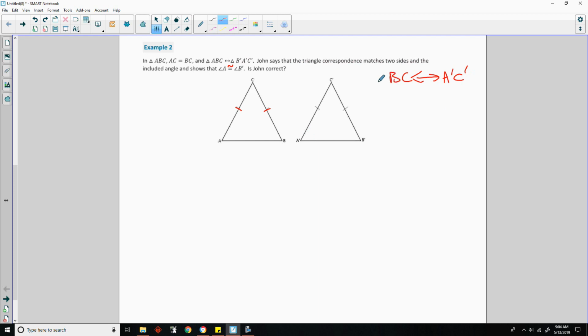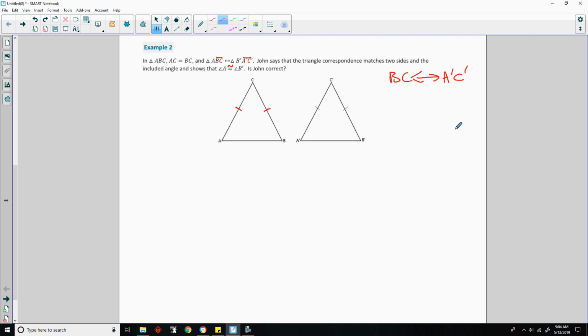And the reason I know this is because BC are the last two letters in the name of triangle ABC. Right here. So the last two in this name are A prime, C prime. So therefore that's how we map B onto A prime and C onto C prime, by the order of what our names of our correspondence is.